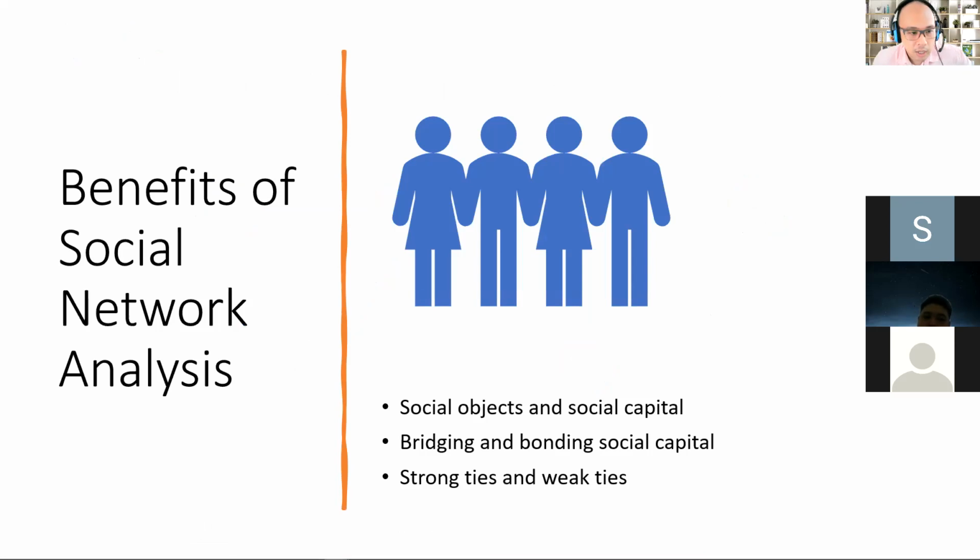Anyways, what are the obvious benefits of doing a social network analysis? Have a look again at the social network grid and map that you just created, and then think about the following things.